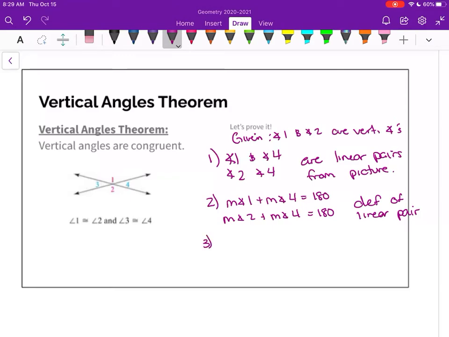Since they're supplementary, if they're both equal to 180, I can set these two things equal to each other, right? So the measure of angle 1 plus the measure of angle 4 equals 180, which is the same as the measure of angle 2 plus the measure of angle 4. Hey, cool, I have the measure of angle 4 on both sides, so I can subtract that.